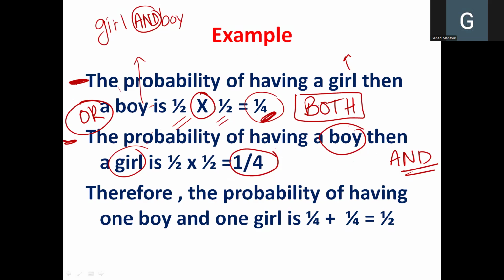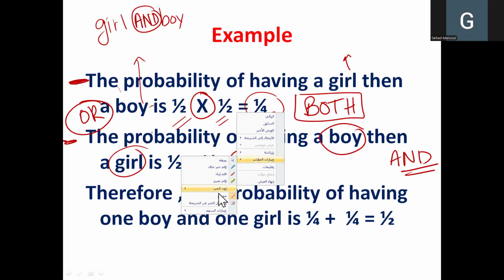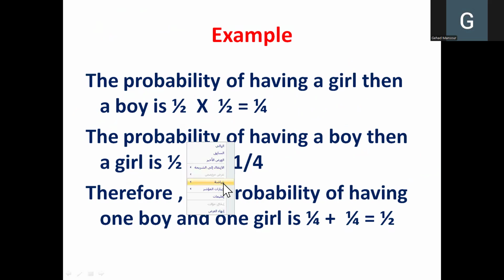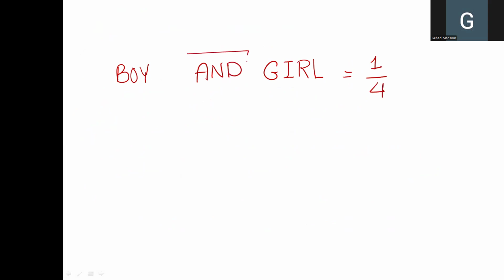So to summarize or to wrap up this slide, we can say, for example, that having a boy and a girl in that arrangement has the probability of 1/4, because we want the two conditions to occur, so we are restricting.